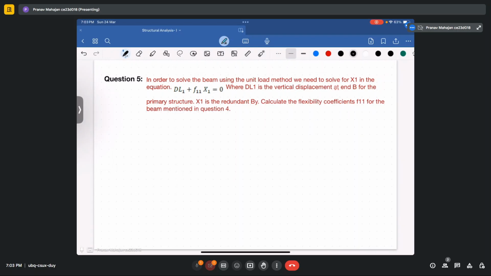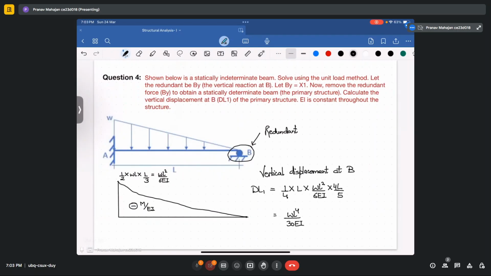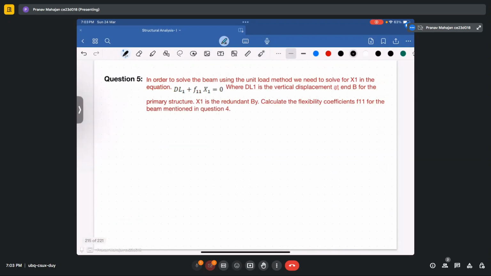Here the deflection is negative, negative means upward, so we will apply a downward load. Okay, so here the value of F11 will come out to be PL cube upon 3EI, and that will be equal to L cube upon 3EI.